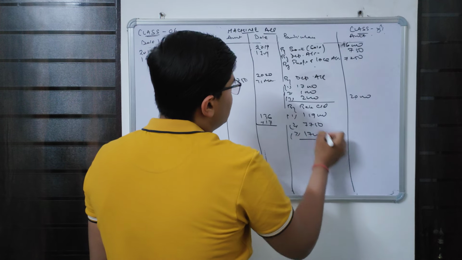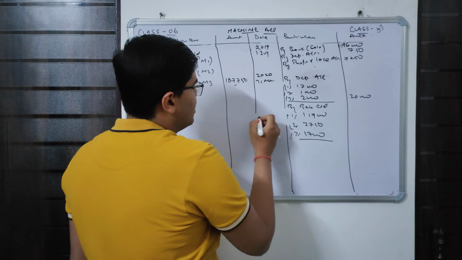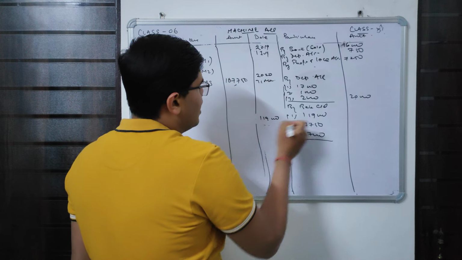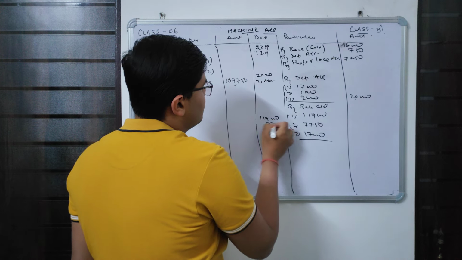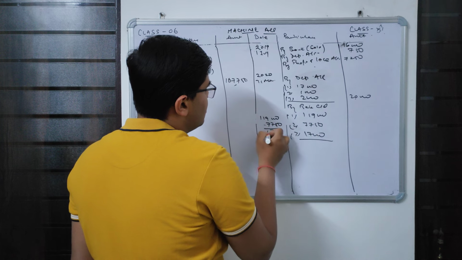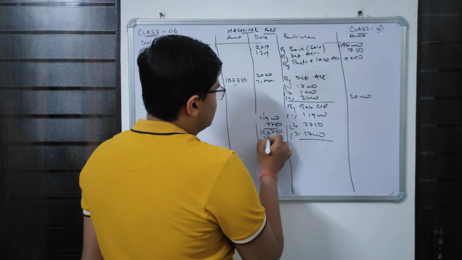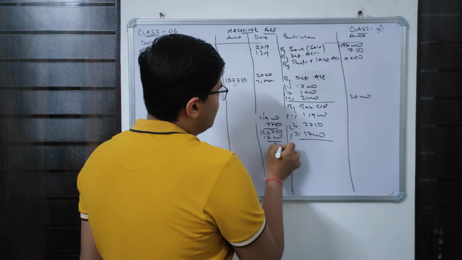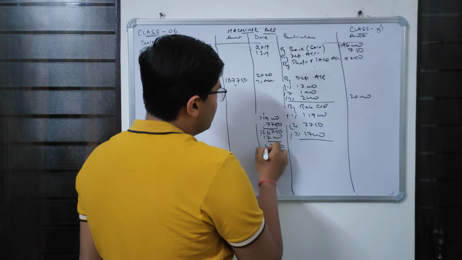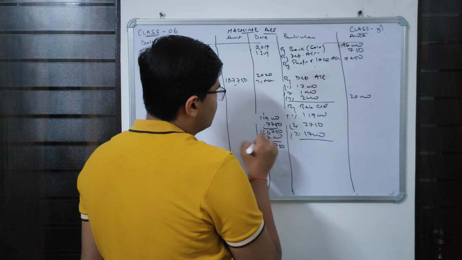So we will total it. We will get 1,19,000 and 7,750, so it will be 1,26,750 and 17,000.